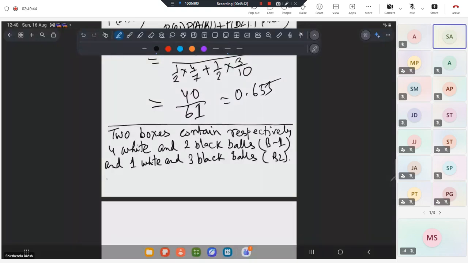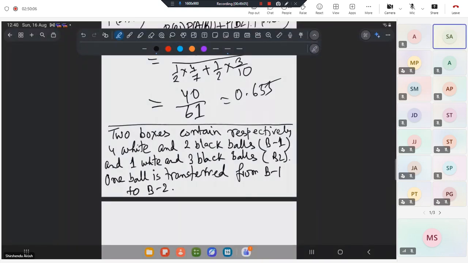So one ball is transferred from box 1 to box 2. What color, we have no idea. Just one ball is transferred from box 1 to box 2.